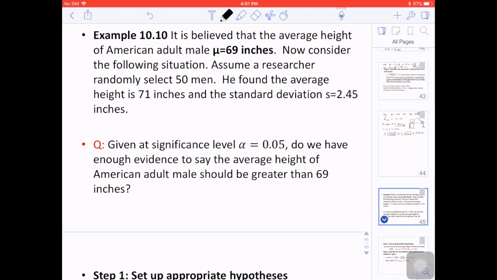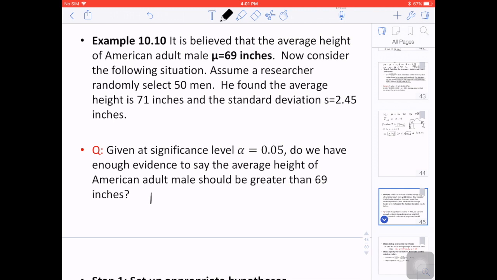And the question is, do we have enough evidence to say that this mu is greater than 69 inches? Using the rule that we discussed before, my null hypothesis should be mu equal to 69 inches versus the alternative hypothesis mu greater than 69 inches. Okay, so that's my hypothesis.